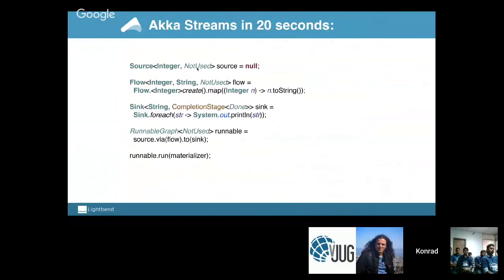So here it's not interesting, okay, it's some source of integer, whatever. A Flow, okay, so that's a transformation of integer to string. So it's a map operation, very easy. But the Sink gets interesting, because what you want is, okay, if that sink is completed, if that stream is completed, I want to have this signal to the outside world that, yeah, it's complete.